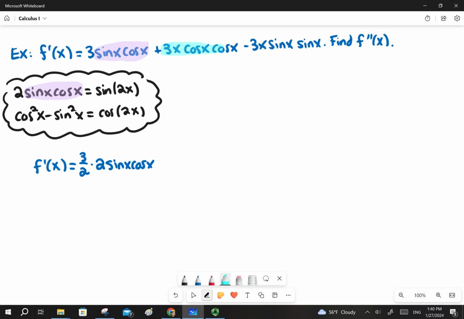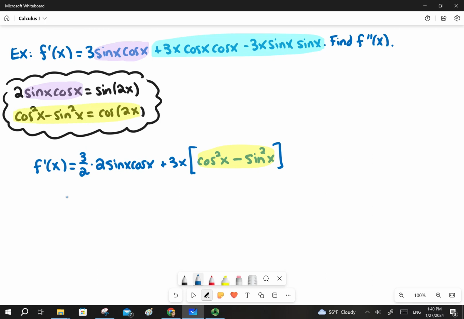Then, to make it more obvious how I'm going to apply a trig identity for my second and third term, I'll start by factoring out a 3x and then rewriting the functions as squares. So cosine x times cosine x is cosine squared of x. Then I factored out the 3x, so the minus stays behind, and sine x times sine x is sine squared of x. And that directly matches up with my trig identity.